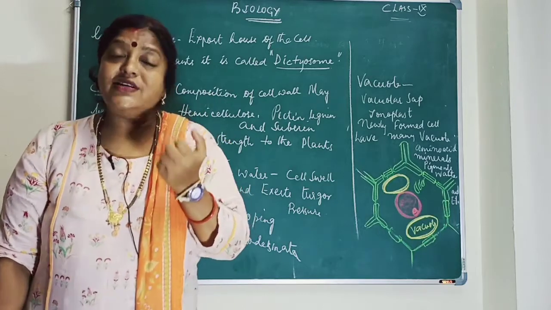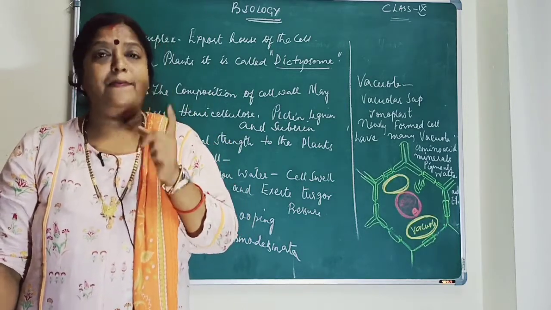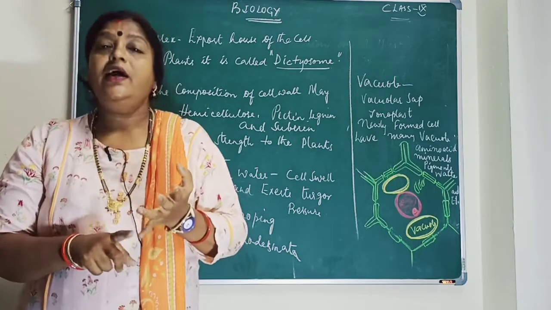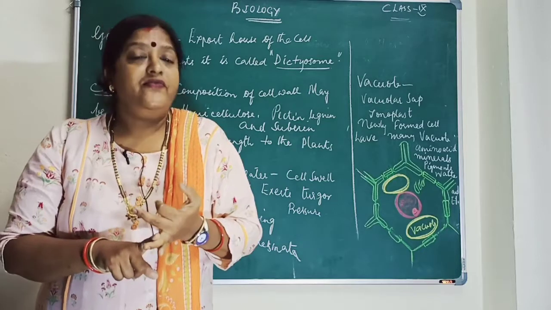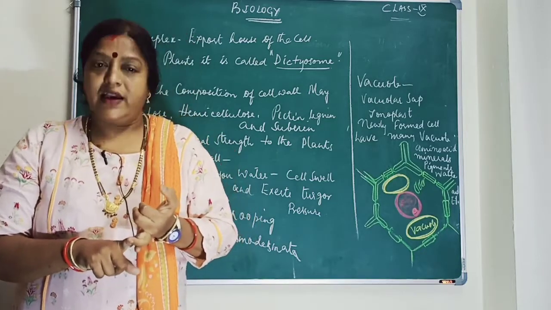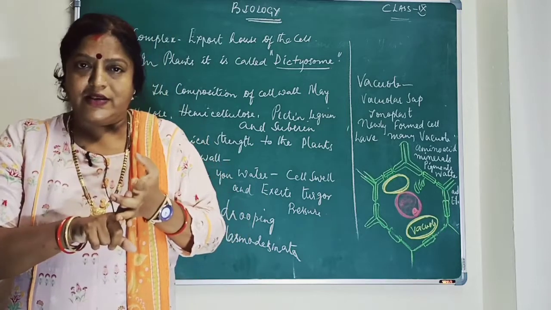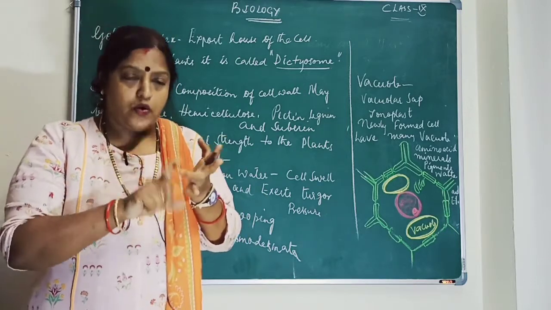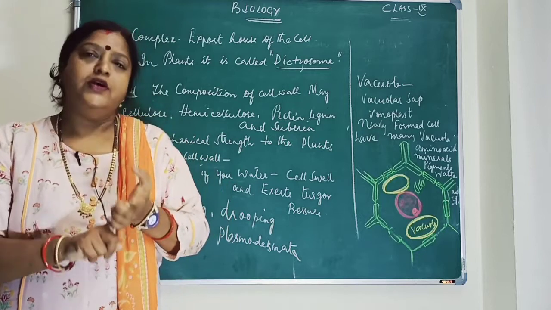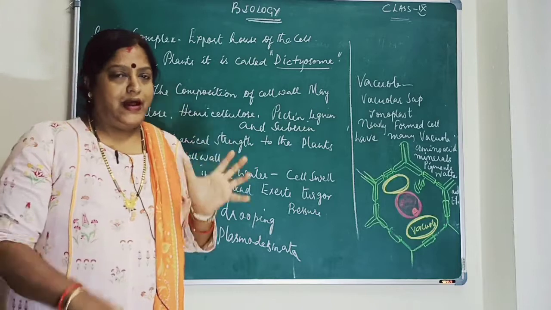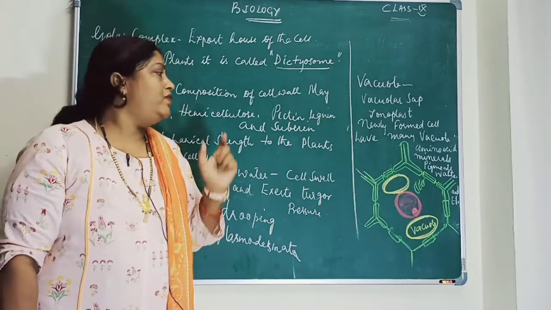Depending on the structure and location, there are different types of plastids. They are leucoplast, chloroplast, and chromoplast. In the next class, we will be discussing these plastids. Understood, children? That's it. Note down this point.